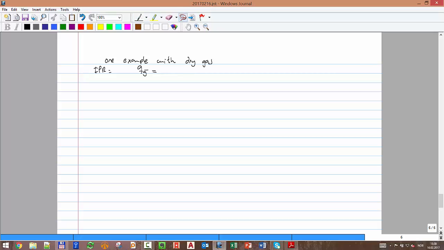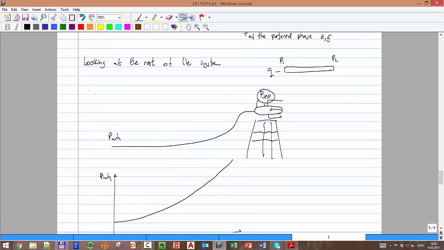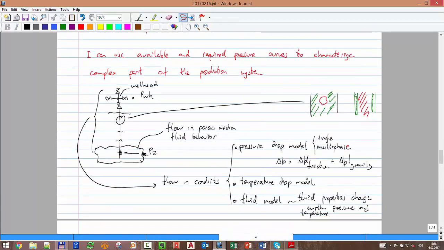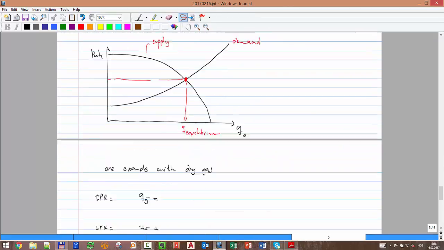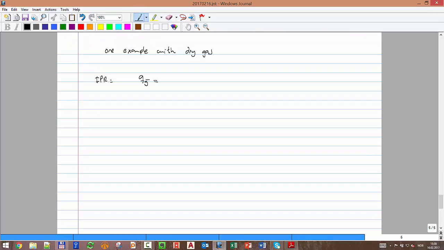Okay. So we're going to go one by one through all the parts of the system. First we're going to go through the IPR from the formation. So if you remember, that was C times (PR squared minus PWF squared) to the power of n, right?